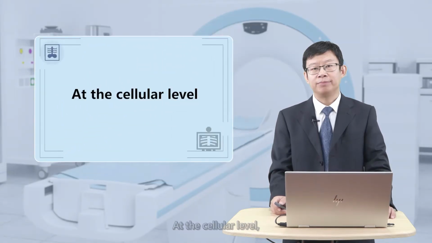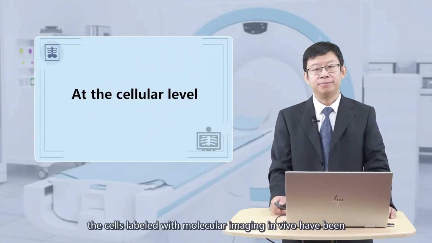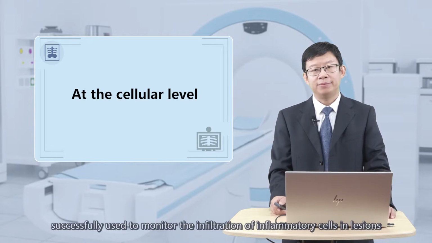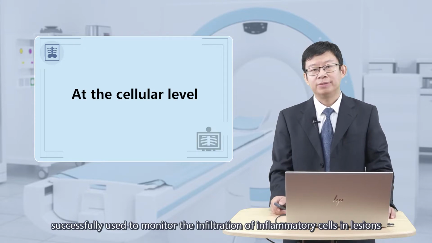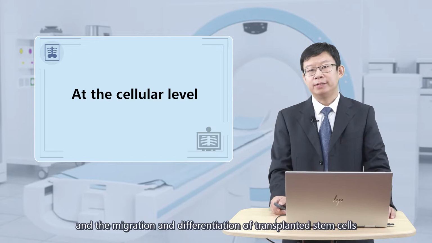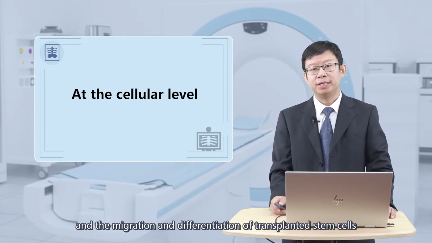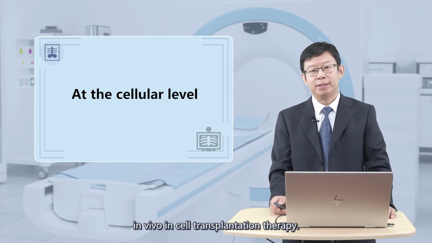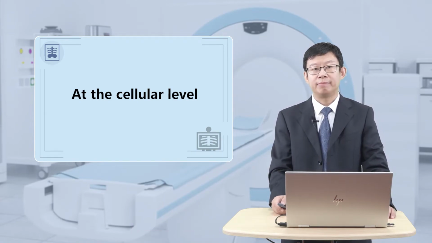At the cellular level, cells labeled with molecular imaging in vivo have been successfully used to monitor the infiltration of inflammatory cells in lesions and the migration and differentiation of transplanted stem cells in vivo in cell transplantation therapy.